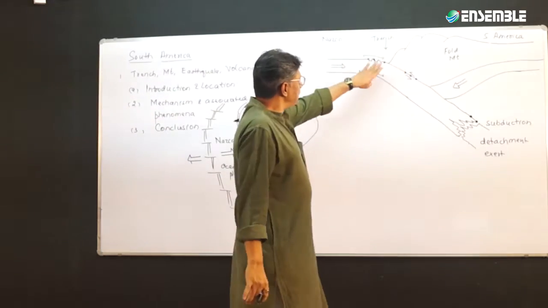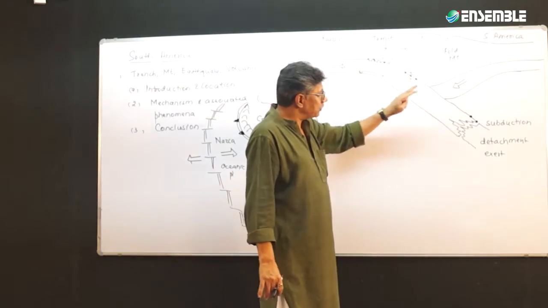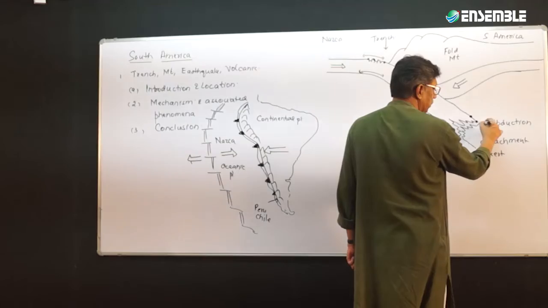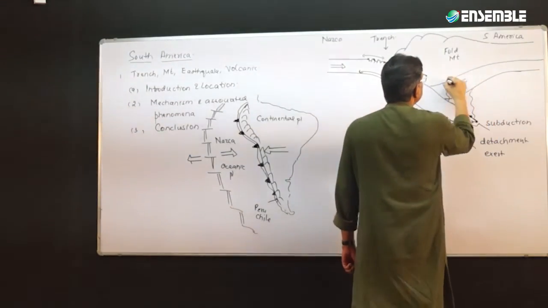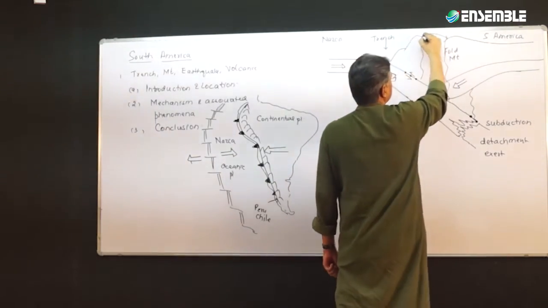So earthquakes take place. So trench formation takes place, fold mountain formation takes place, earthquake formation takes place, and as these plates, before they get detached, melt, the molten portion is thrown upwards in the form of volcanic activity.